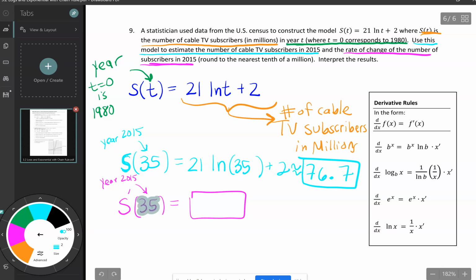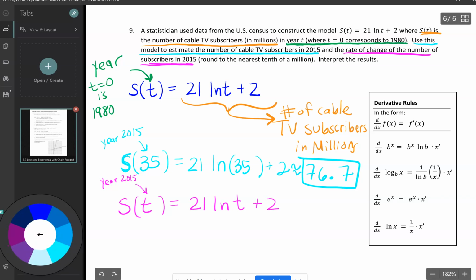So first of all, let's find our generic derivative of our function. So let me write our original function here, and then we'll find the derivative of it. Okay, so in this first piece, I'm going to have to follow the ln rule. And the second piece is a constant.